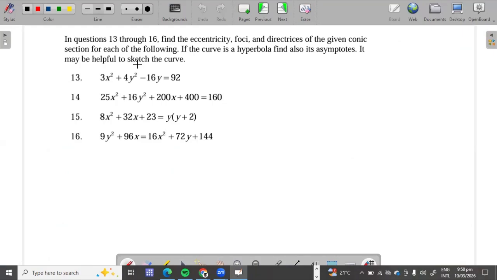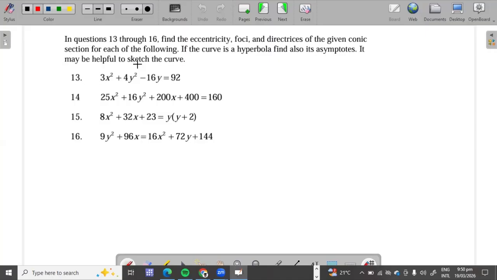So here you can see that they're saying, for questions 13 to 16, find the eccentricity, the foci, and the directrices of the conic section for each of the following. If the curve is a hyperbola, find also its asymptotes.